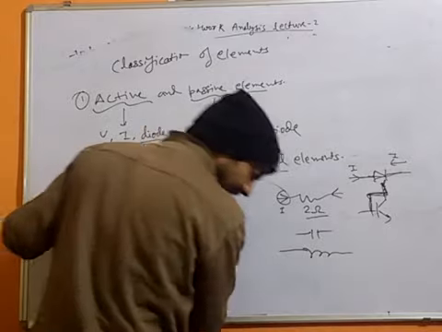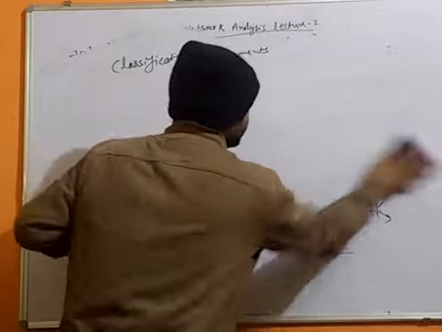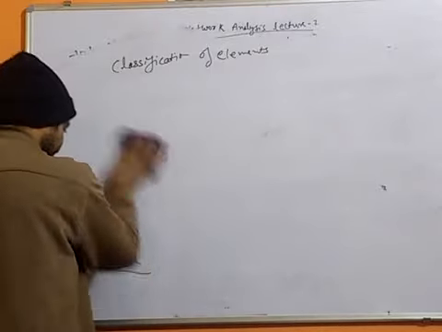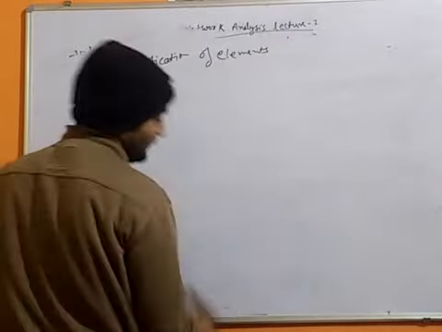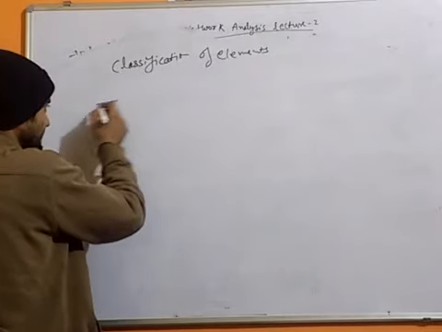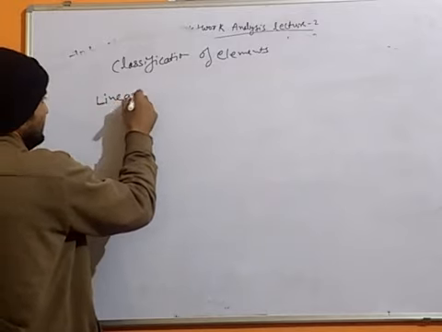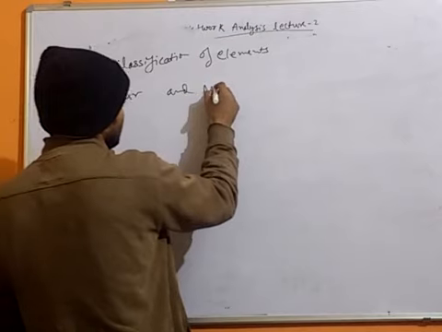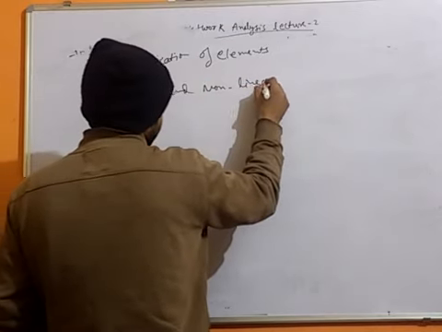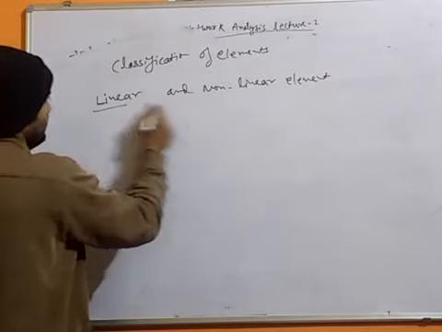Now come to the next classification technique, and that is linear and non-linear. So what is linear and what is non-linear? Let's check which is a linear element and which is a non-linear element. Again, clear from the given name.